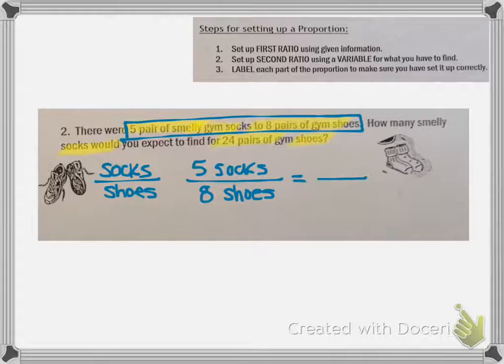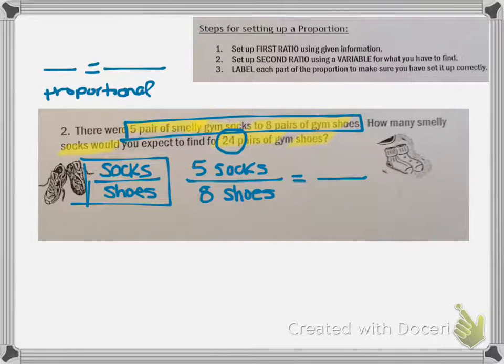We're going to see if that's equal. A proportion is one ratio equal to another ratio. Remember, they are proportional, which is called equivalent. So that means that here I have in my other information 24 shoes. Look at your word ratio. Shoes goes on the bottom, so I have 24 shoes. And I don't know how many pairs of socks, so it's X socks.